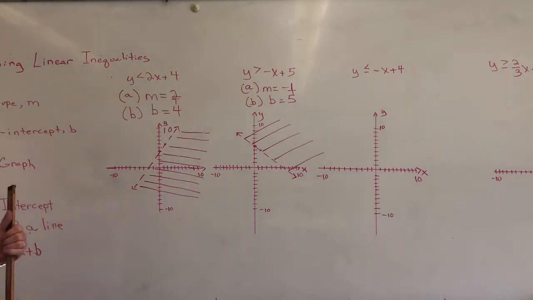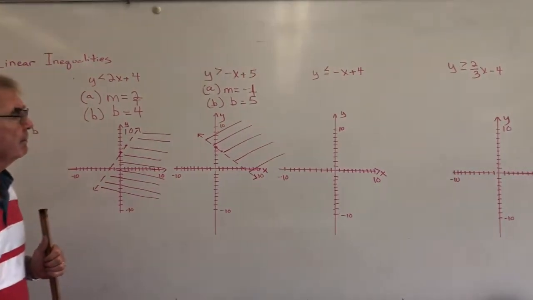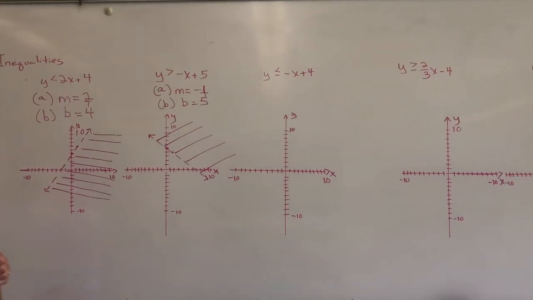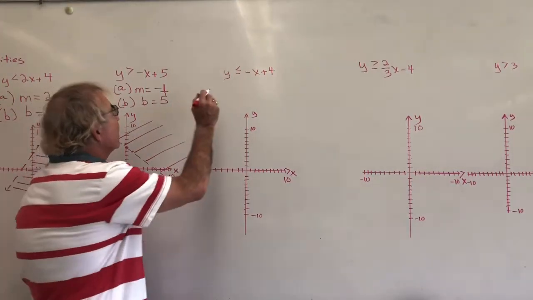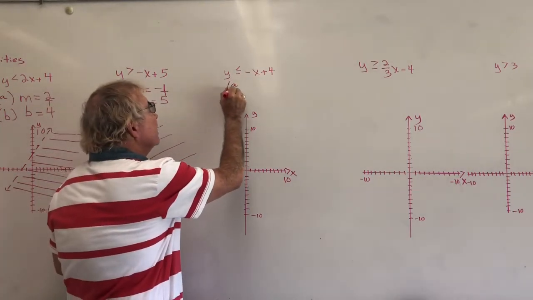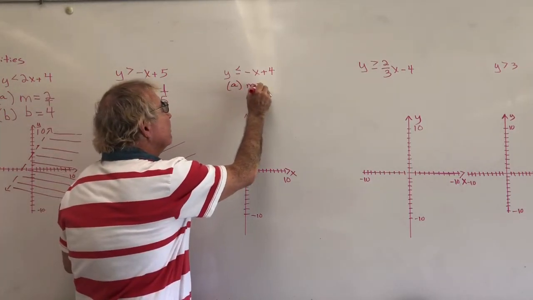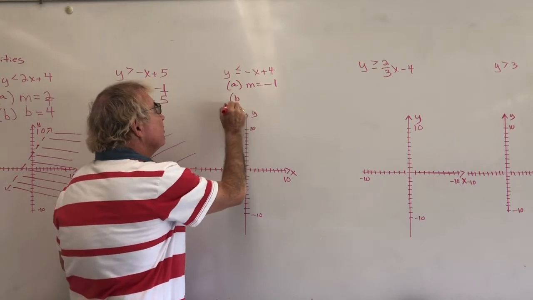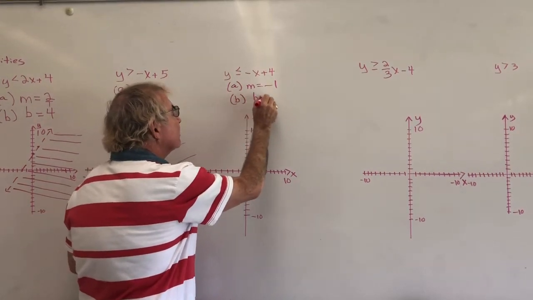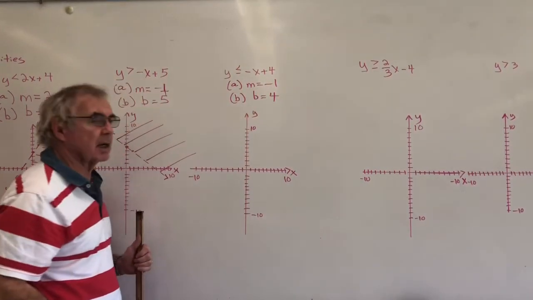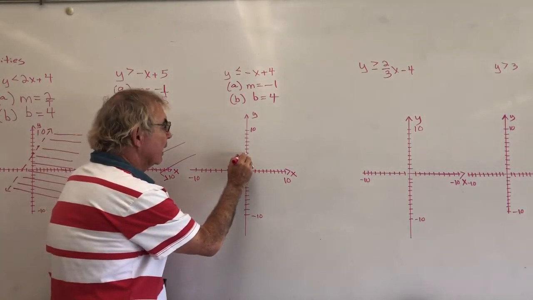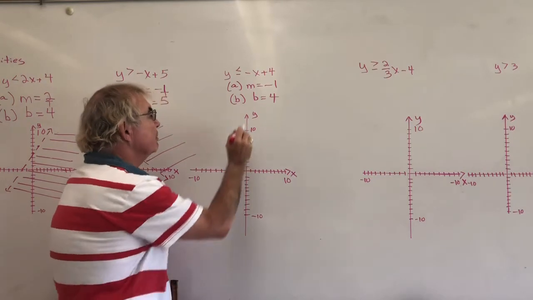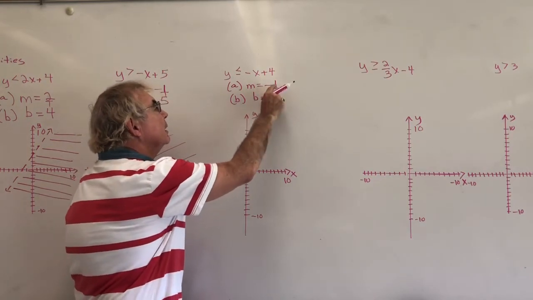Okay, our third line is the same exact thing. We changed one number, but we changed the inequality. So we have the slope to be -1, and the intercept to be 4, just like our previous example. We go up to 4, put a dot, and then our slope is down 1 and over 1.